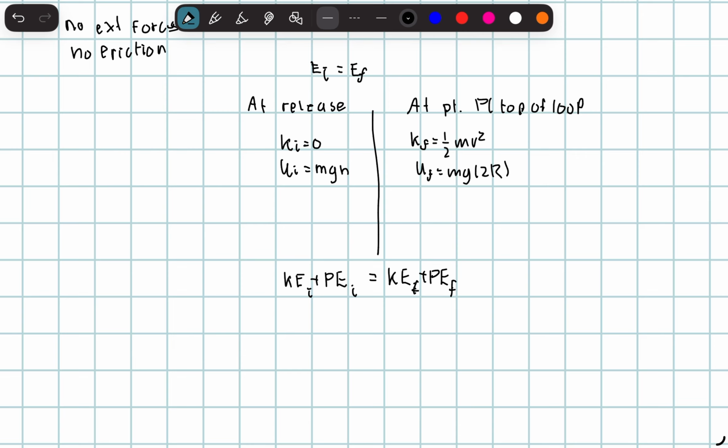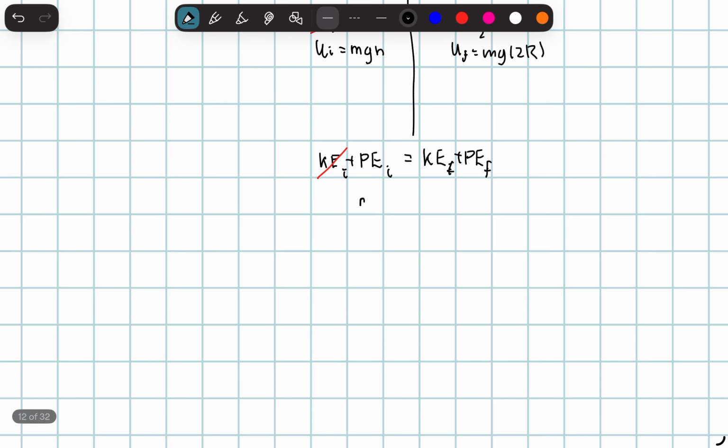We know at the beginning the initial kinetic energy is equal to 0, so we can cross that out. Then we have the final kinetic and potential energy, so we're left with mgh for potential energy is equal to 1/2 mv squared plus mg times 2r. Now we can cancel m because there's an m in each of the terms.